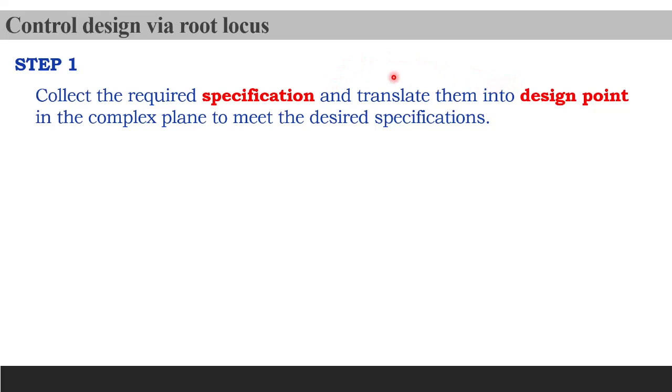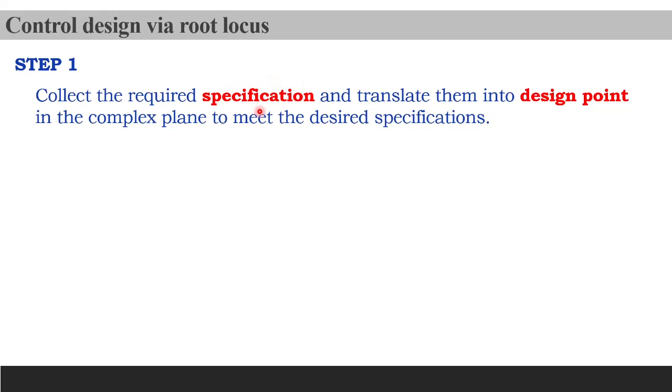almost the same thing, but the specification is basically given to you by a customer or a consumer. You can say it will specify that I want my system to behave that much stable and that much, it could define the characteristics in terms of zeta and omega. And let's say if we talk about at least a second order system, so the specification will be given to you in terms of zeta and omega n, right?